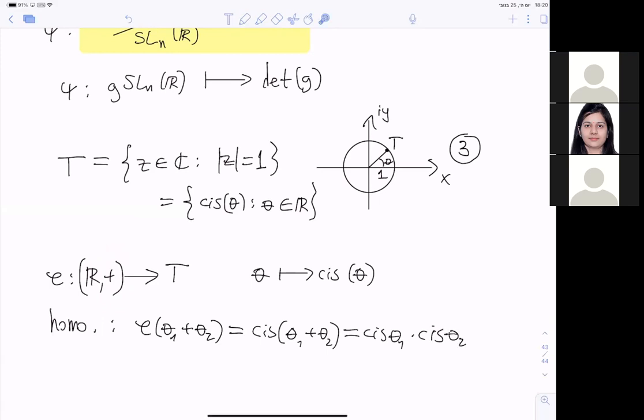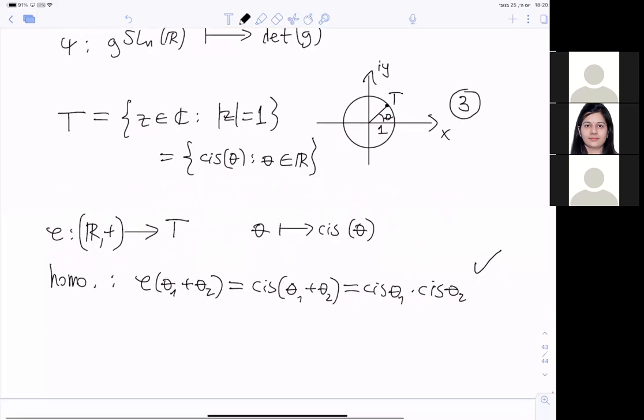Why? Because this is moving against the clock direction by the angle theta 1, and this is another angle which is added. You know that from complex algebra? So this is a homomorphism.